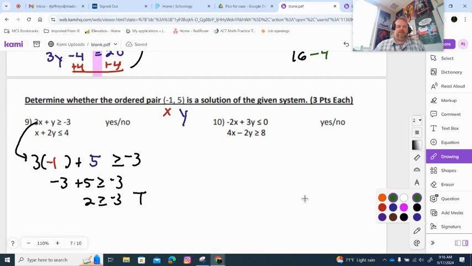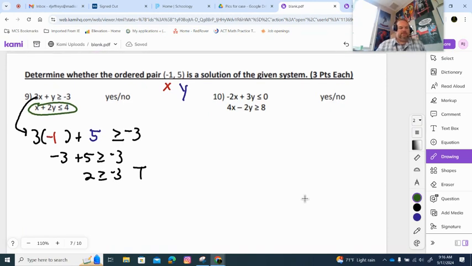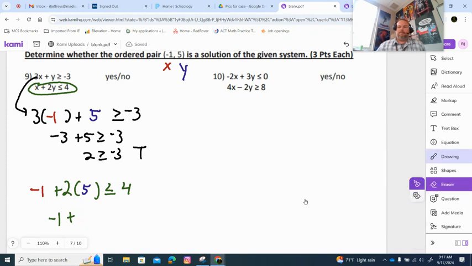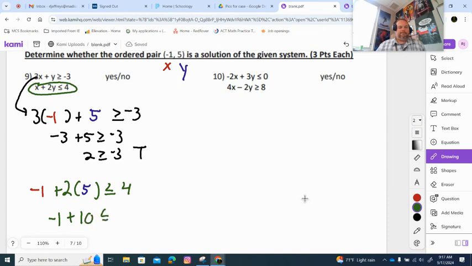Now I have to check this one down here. So plus 2, 4, 5, -1. So 1 plus 10. Almost said 20. All right, is 9 less than 4?